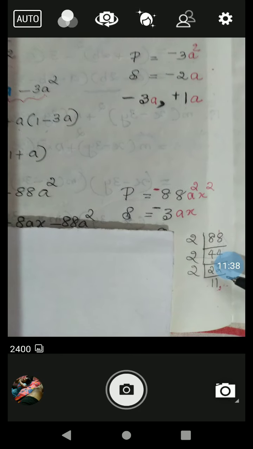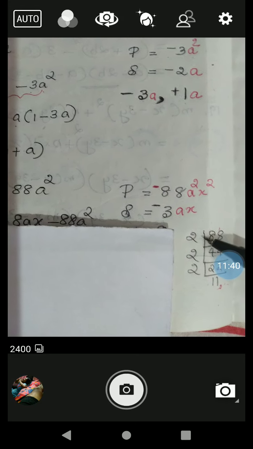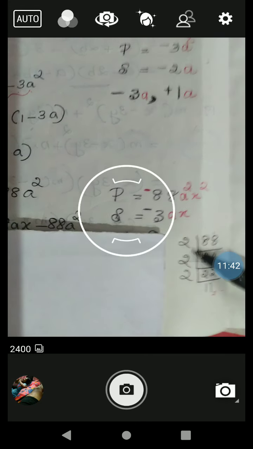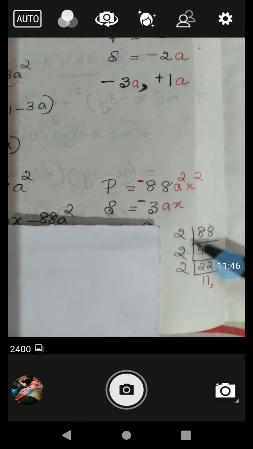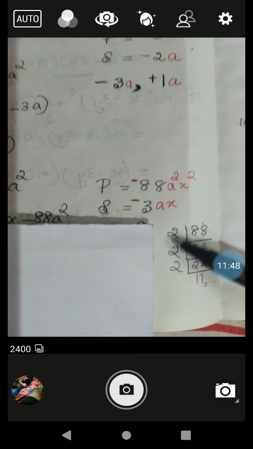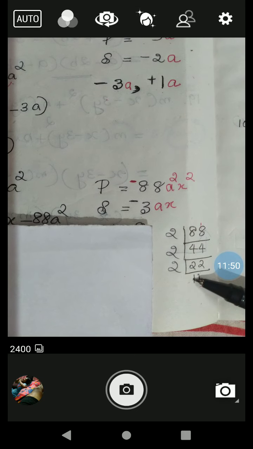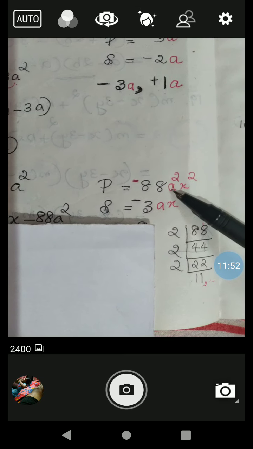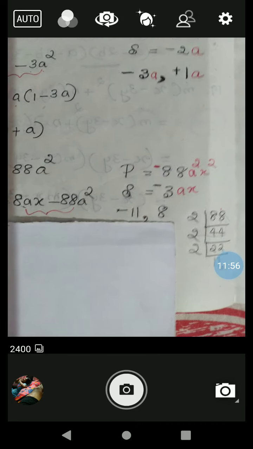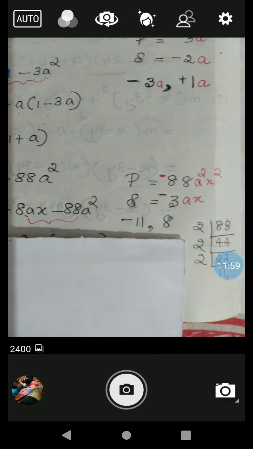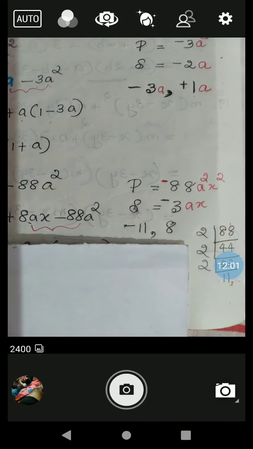In 4th standard you studied that method. In this way you can factorize, and use the trial and error method. Here you can see 8, 2 into 2 into 2. 8 into 11 is 88. And the difference, you can see, minus 11 and 8. In this way you will get two numbers.